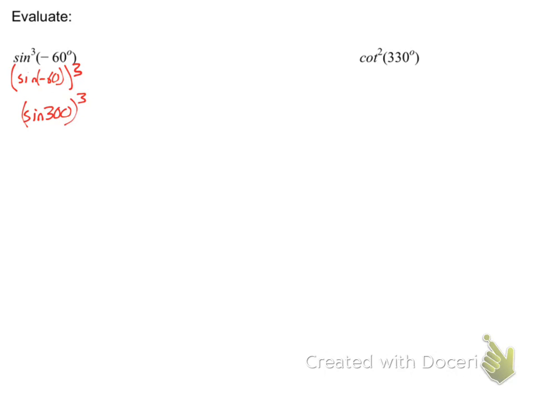And it's on our unit circle, so you look there, and again, what was the sine of 300? So it's a negative square root of 3 over 2. And that fraction is to the power of 3.